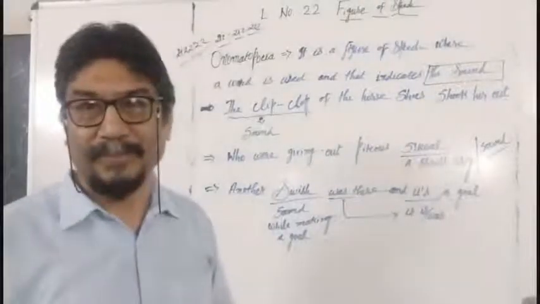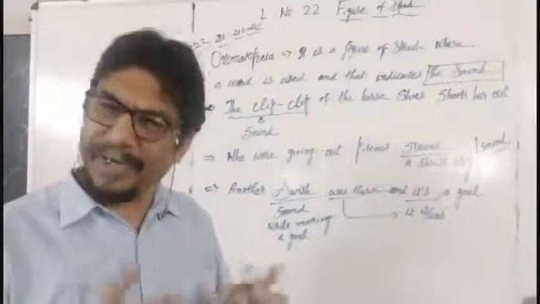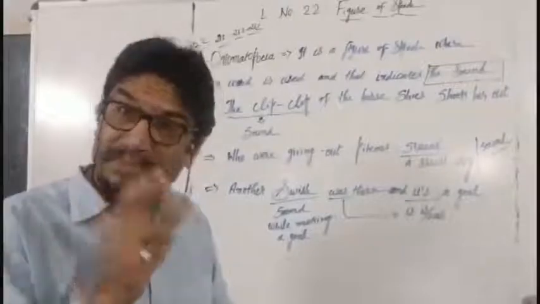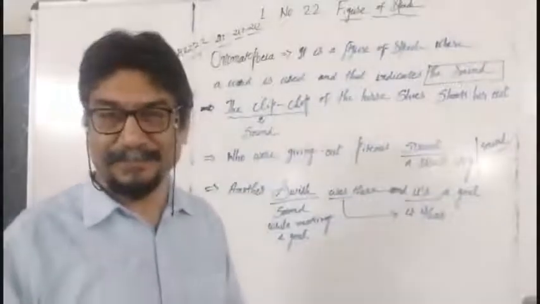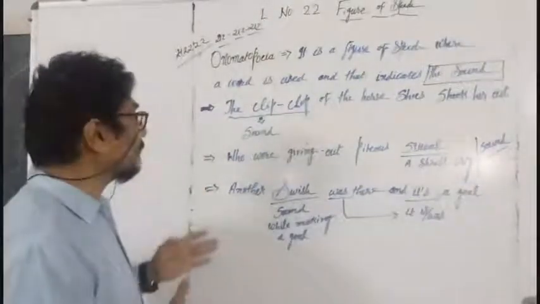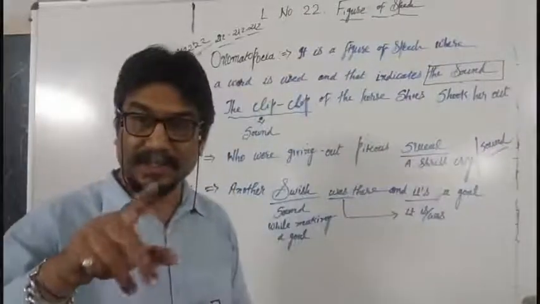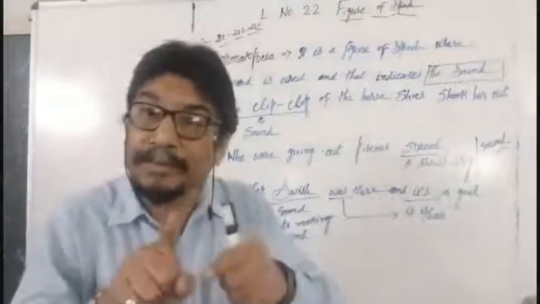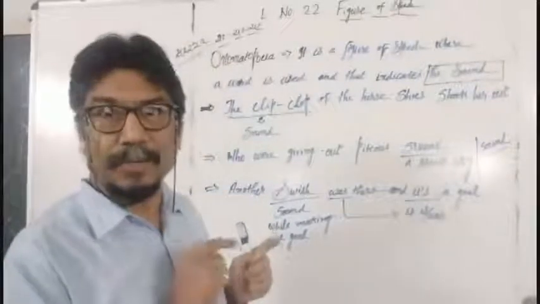Whenever you have a word or words, a phrase that indicates sound, at that time this figure of speech is possible. From your text only, I have taken a few examples. The click clop of the horse shoes. Tick tock of the clock. If you write, then you have to write tick tock.